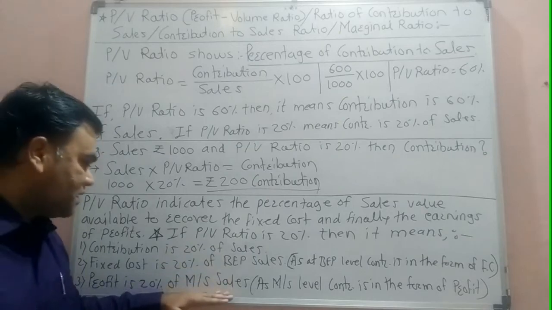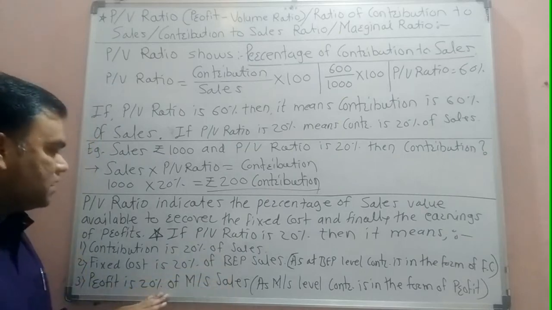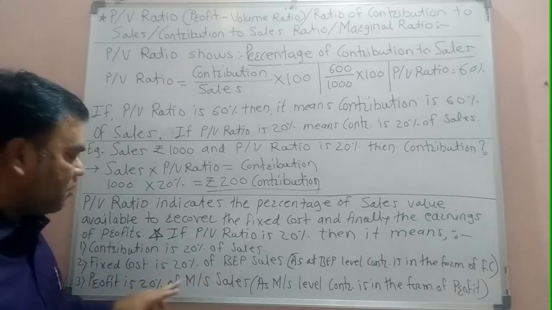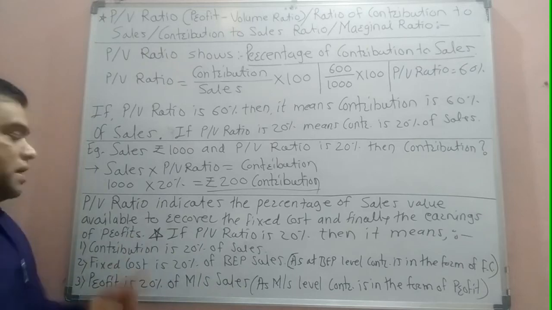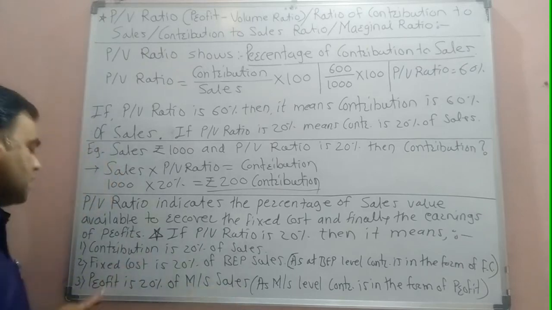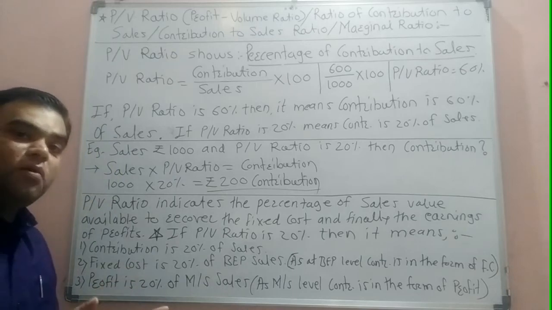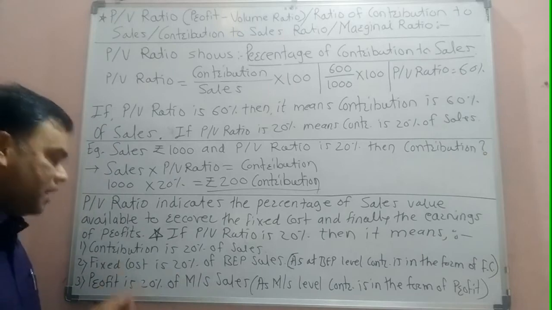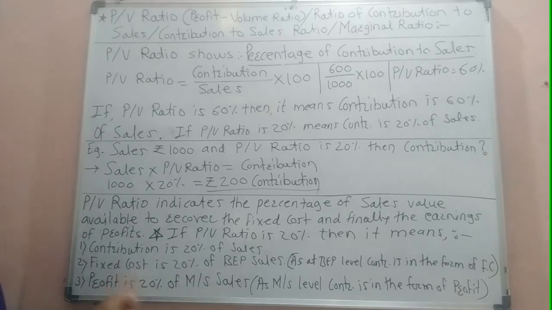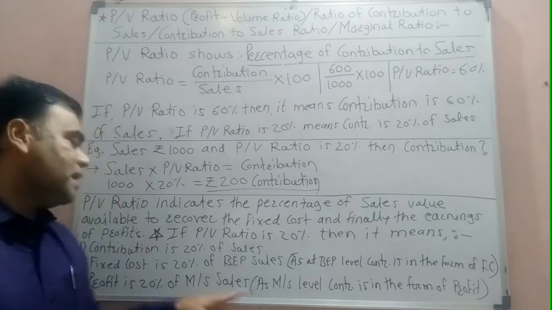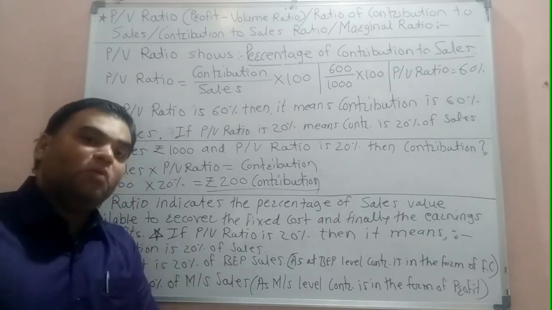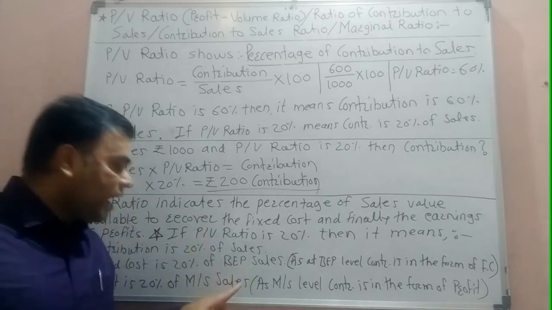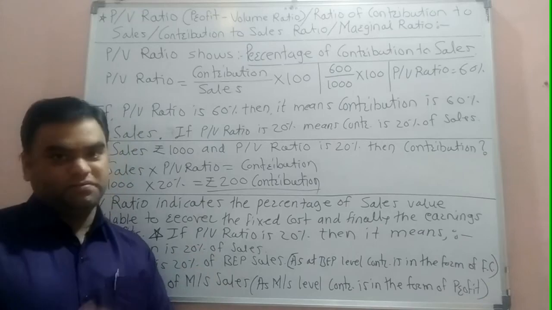So at margin of safety sales level, if contribution is 20% of margin of safety sales, then profit will also be 20% of margin of safety sales, because at that level the profit amount and contribution amount are always equal.